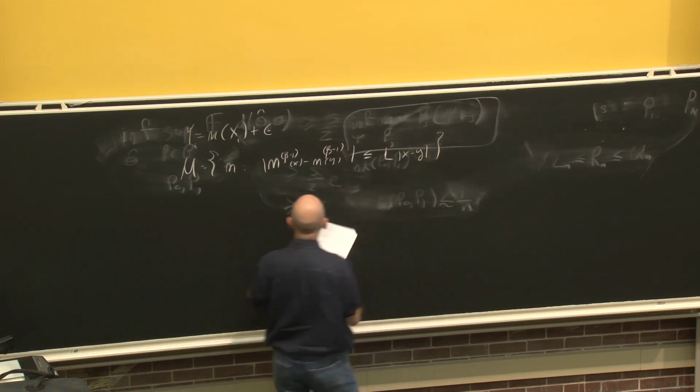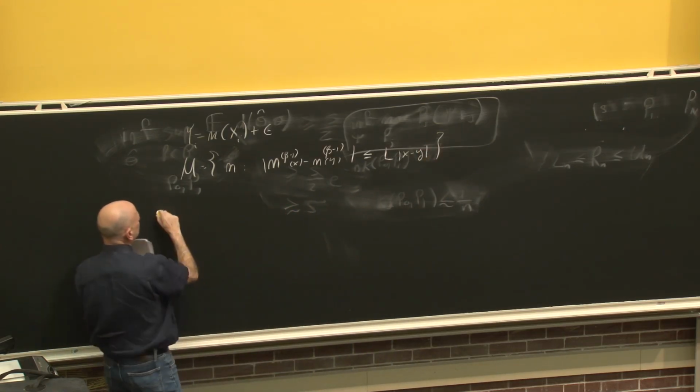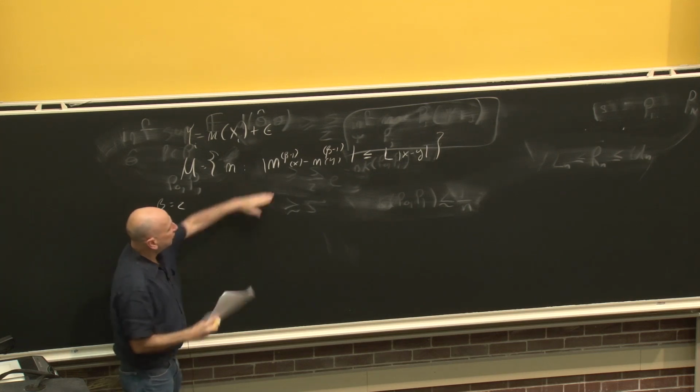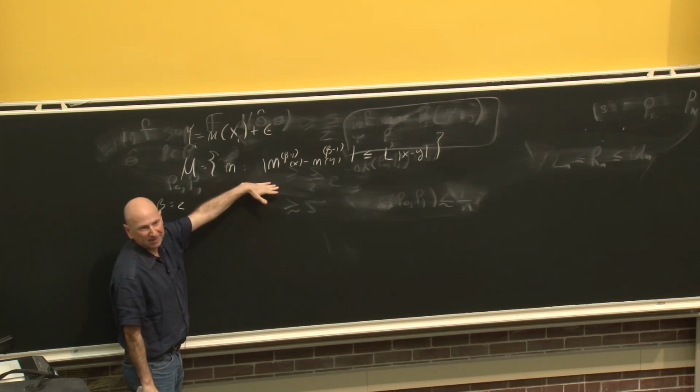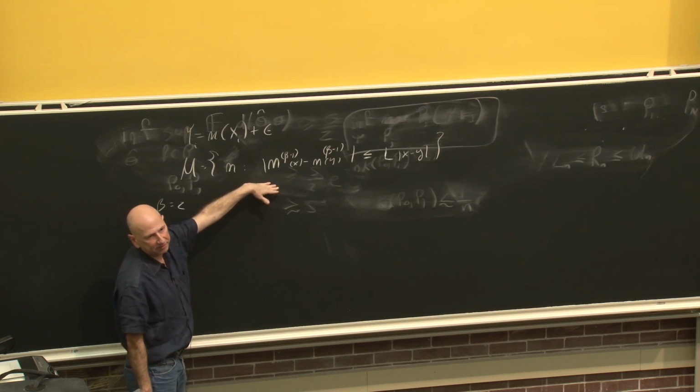In other words, if beta is equal to 2, which is the most common case, I'm just saying the first derivative is Lipschitz. It's almost like saying there's a second derivative. That's our measure of smoothness.